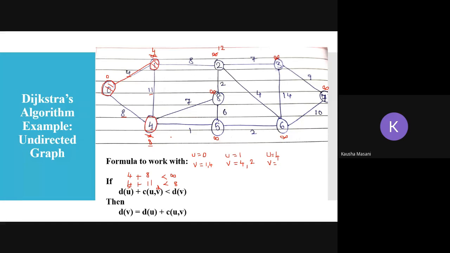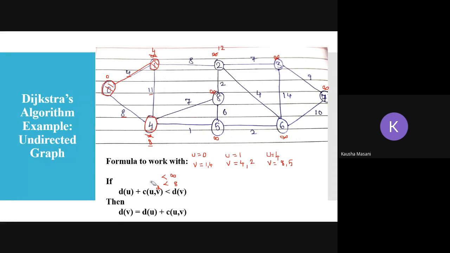But are you going to explore 0 and 1? You are not, because they are already explored. The only ones which are not explored right now are 8 and 5. So you are going to find the distance from 4 to 8 and 5, repeating the same process.